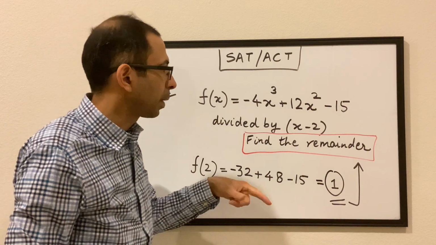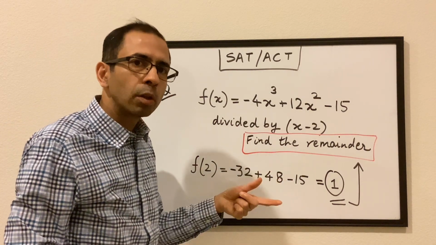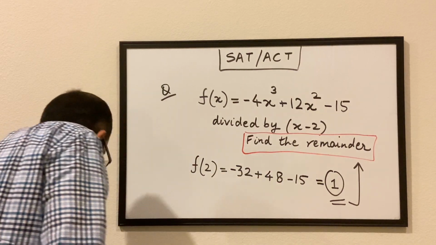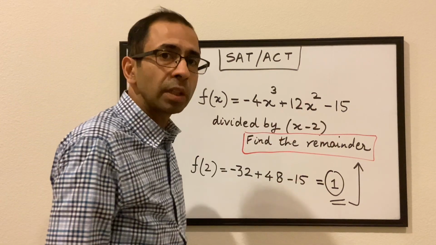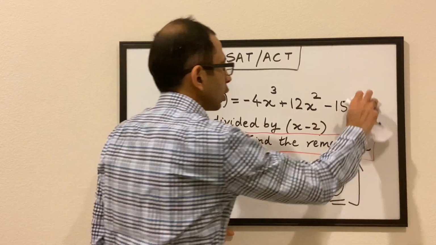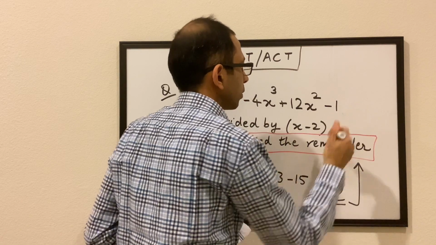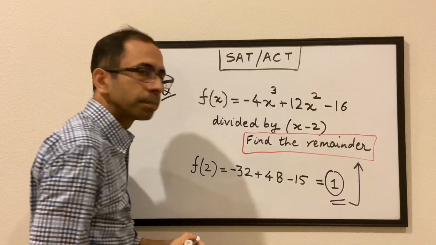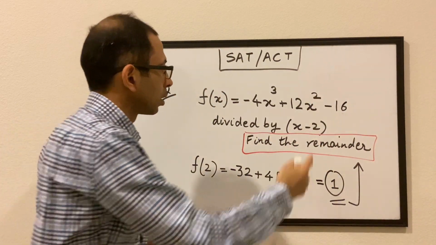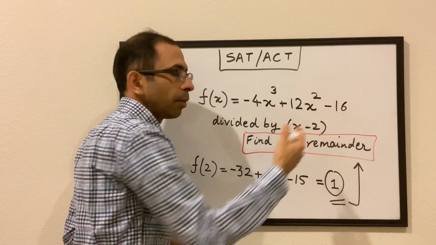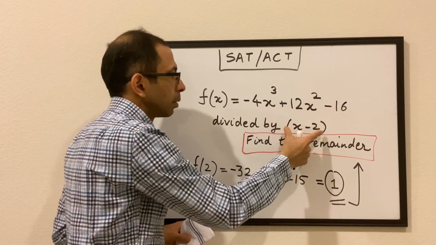Now let's expand this remainder theorem a little beyond. Let's say that instead of minus 15, the question was minus 16, and we have to find the remainder when this is divided by x minus 2.